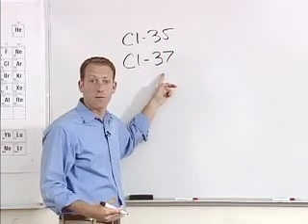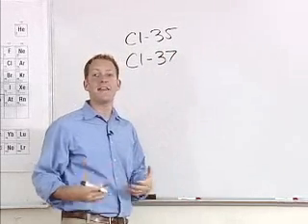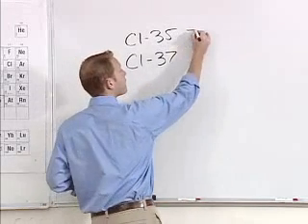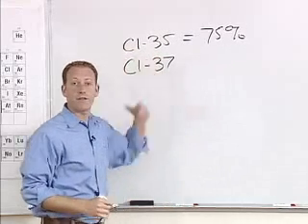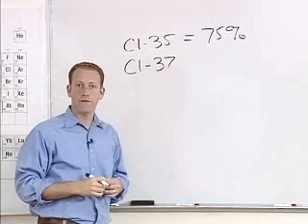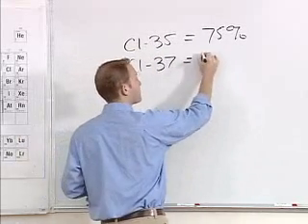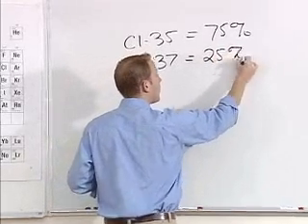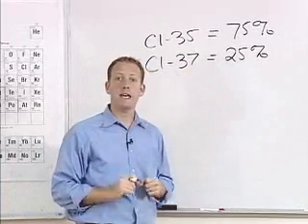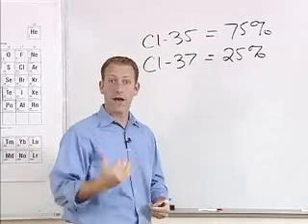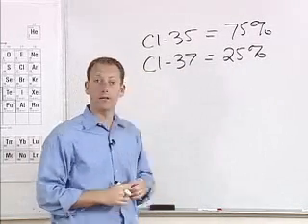Chlorine-37 has a mass number of 37. And let's say they said that 75% of all the chlorines is chlorine-35, and 25% of all the chlorines has a mass of 37. You have to then be able to calculate the average atomic mass for chlorine.